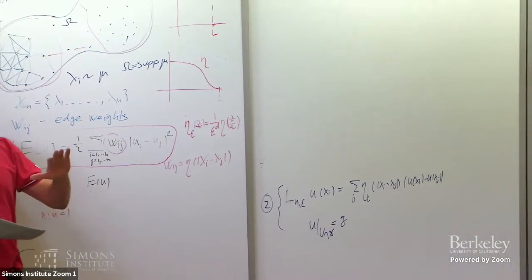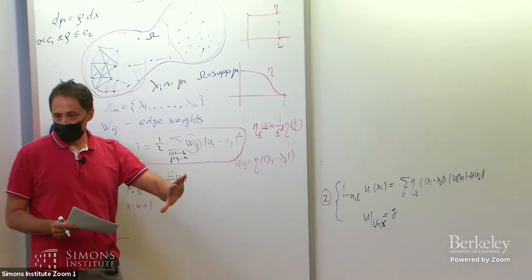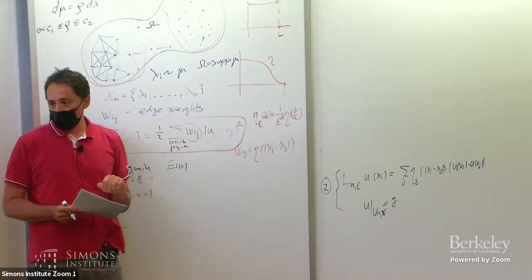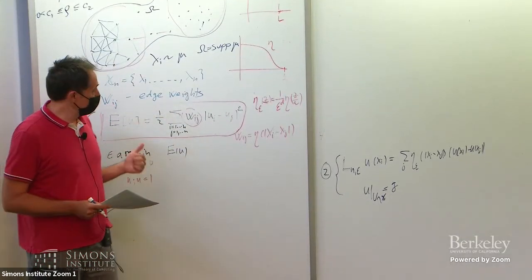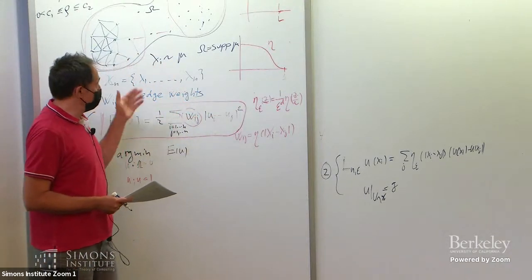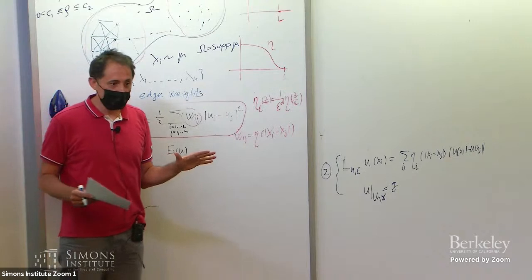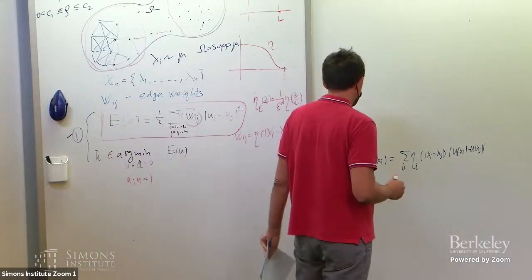If I have more and more points, I can recover the geometry at a higher resolution, and I don't want to connect points which are too far. So epsilon should scale in some way with n. So you should think of epsilon as going to 0 as n goes to infinity, and n goes to infinity because that's the problem that I set out to study: what happens if I get more and more data points?